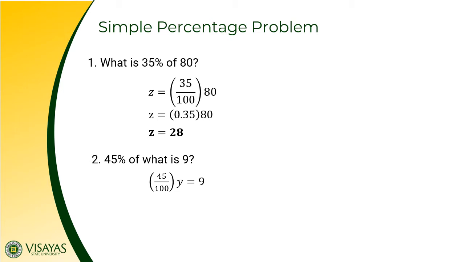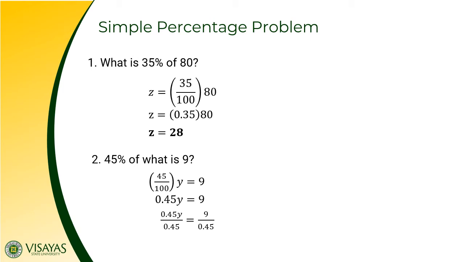And that 45 over 100, pwedeng i-simplify, 45 divided by 100 is 0.45y is equal to 9. And a simple linear equation, find the value of y by dividing both sides by 0.45.